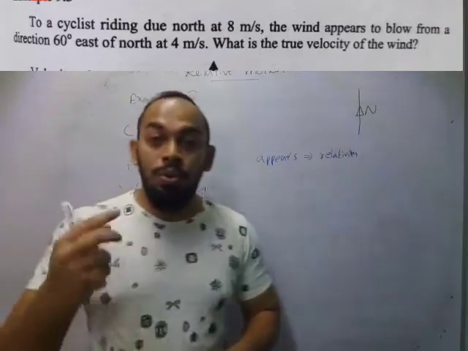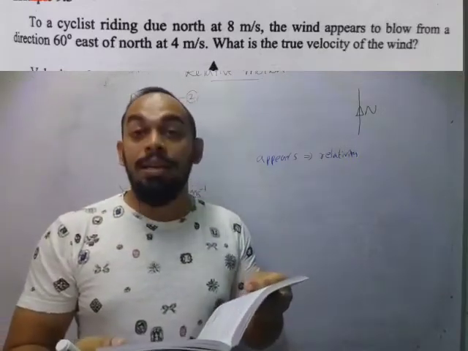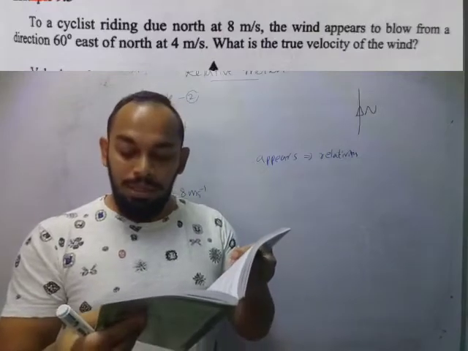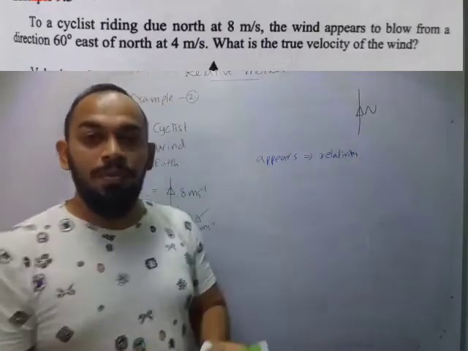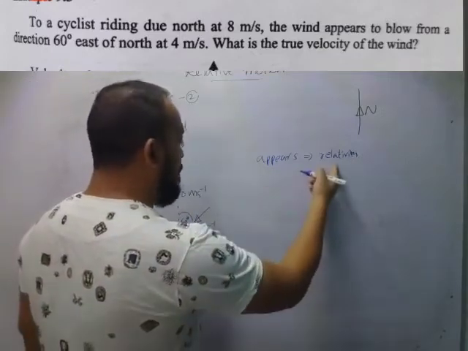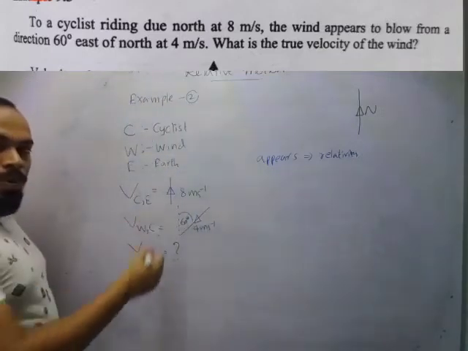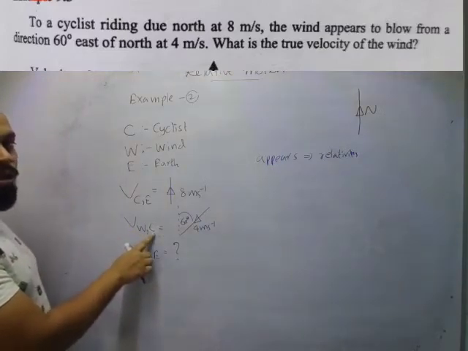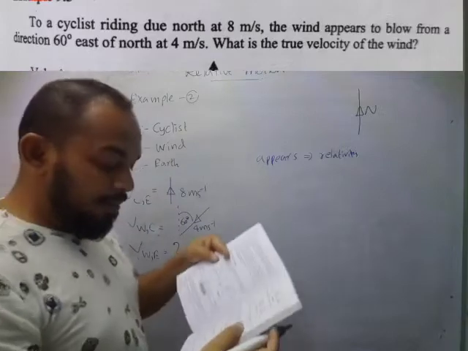So to whom? To a cyclist, right? To a cyclist riding due north, the wind appears to blow from, right? Not due, from. Wind appears, so it is the cyclist who perceives this. So it is giving the velocity of wind relative to cyclist now, right?